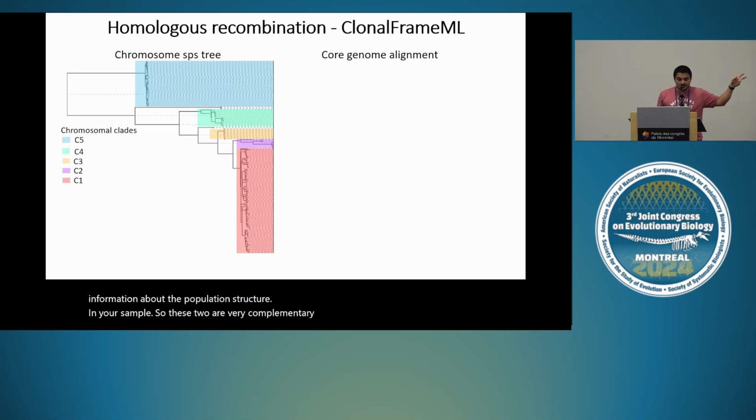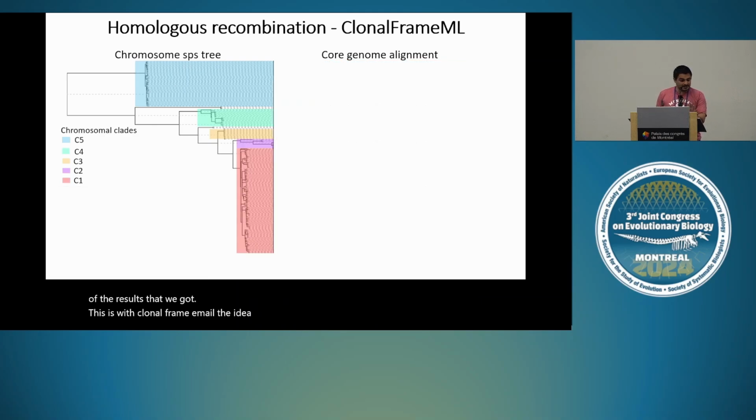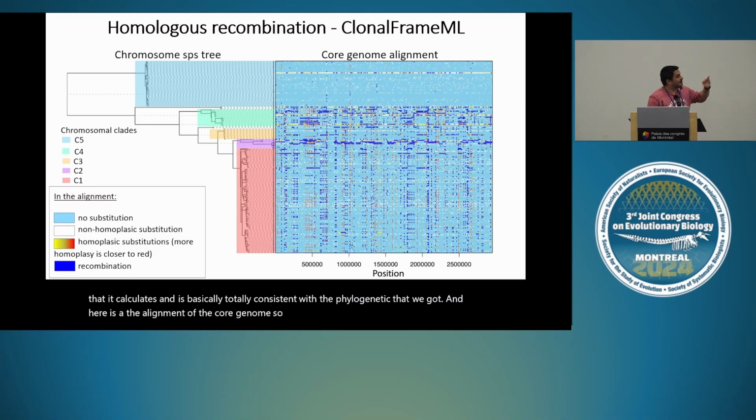So here I'm going to show you some of the results that we got. This is with ClonalFrameML. Here is the phylogenetic tree that it calculates, and it's totally consistent with the phylogenetic tree that we got. And here is the alignment of the core genome. Now this has a lot of colors.